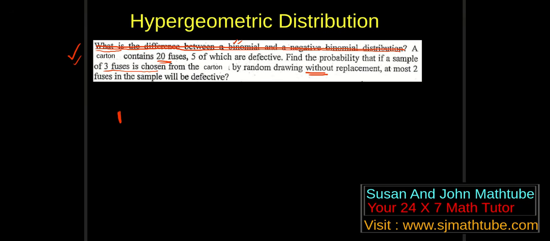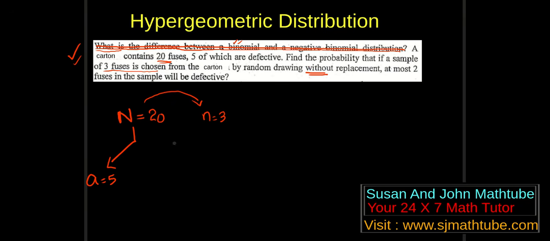So look at this. There are capital N number of items. That will be 20. And A items are special, and here special means defective. So A is equal to 5. So you know this fact. And from this, a sample of 3 is selected, that also without replacement. Okay, so look at this.